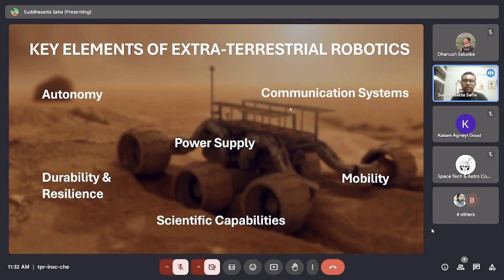And using these various samples collected, it will also click pictures. There are imaging apparatus, there are high resolution cameras provided. So they will also click a lot of pictures of the surface, and this data will be sent back to the Earth.